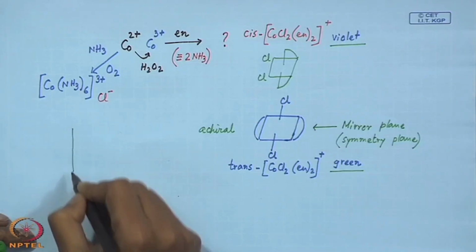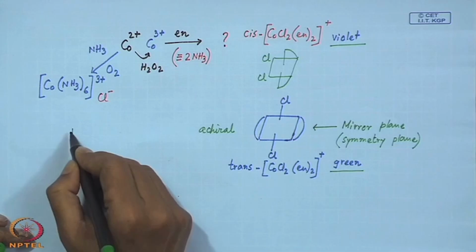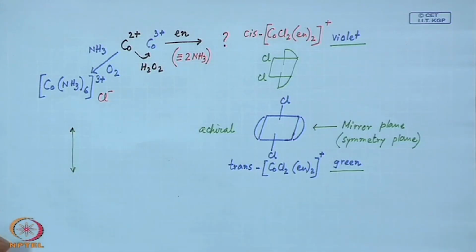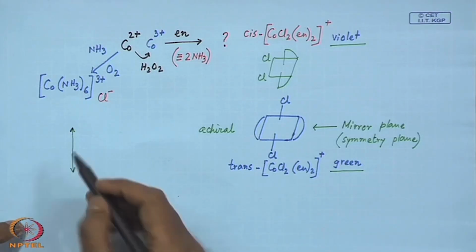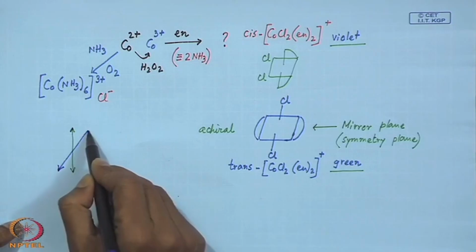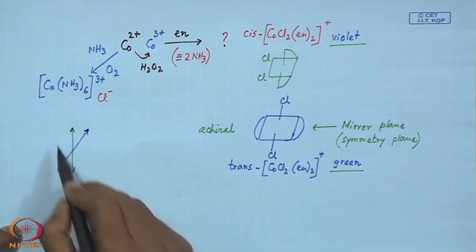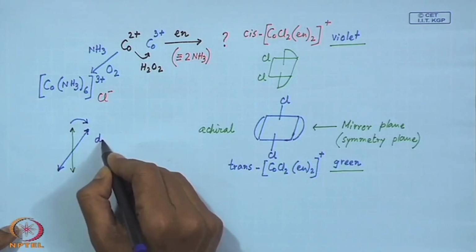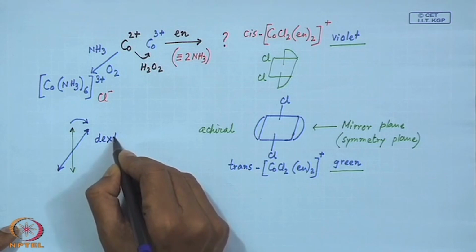So we have the plane polarized light. If it is rotated in one particular direction, towards the right, we call it dextrorotatory.